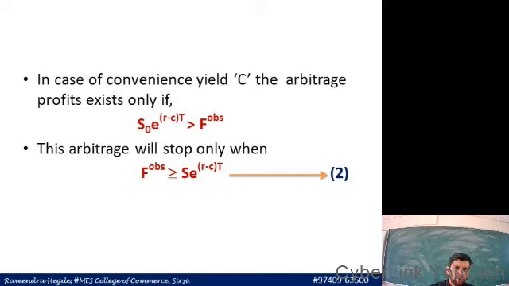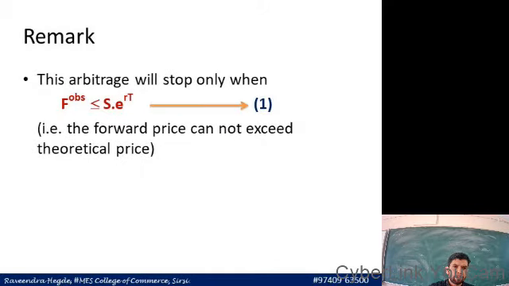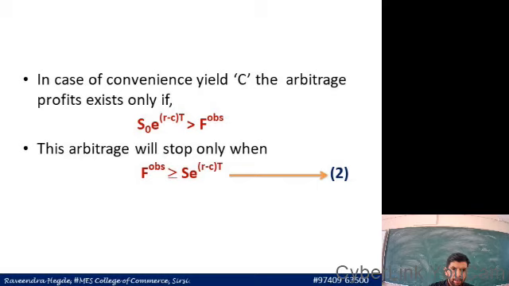This arbitrage will stop only when, just reversing the equation, F_obs is greater than or equal to S naught e raised to (R minus C) into T. Say this is equation number 2. And equation number 1 is F_obs less than or equal to S into e raised to RT. So equation number 1 is F_obs less than or equal to S e raised to RT, and equation number 2, whenever we have the convenience yield, is F_obs greater than or equal to S e raised to (R minus C) into T.